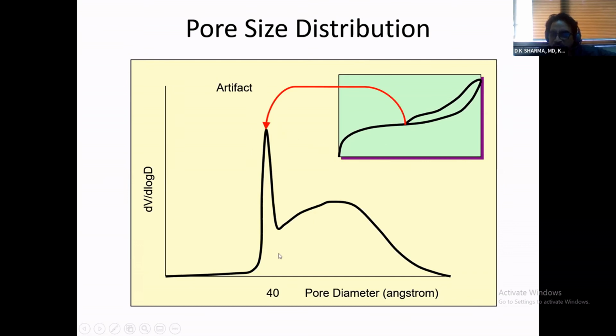So this pore size that you are seeing in your desorption calculation is because of this fall, this line coming down to meet the adsorption branch. It's because of this fall that you are seeing a nice, quite narrow peak showing pore size. It is not a true pore size. That's why it's mentioned as an artifact. There is no pore of this size. It is being shown to you because you have chosen the desorption branch for measurement of pore size distribution.